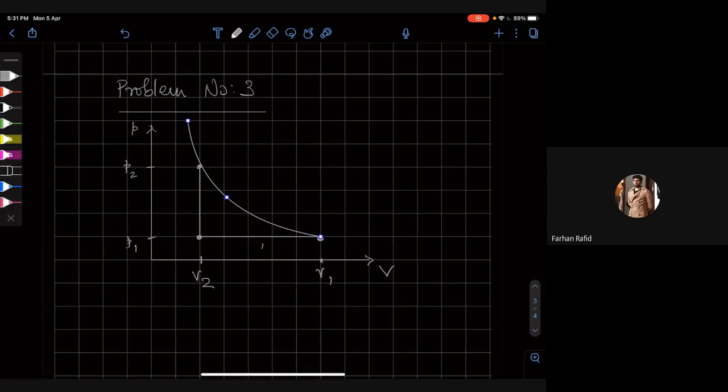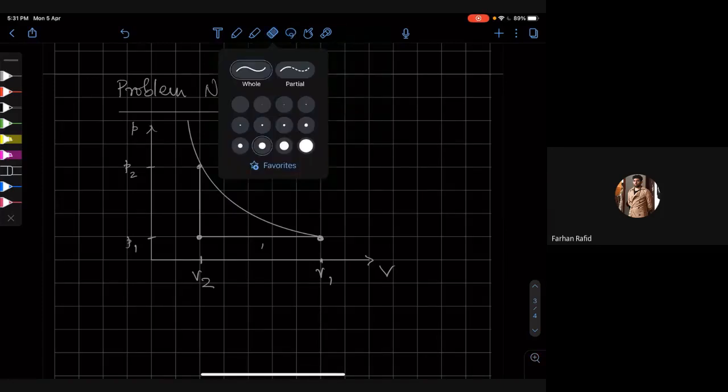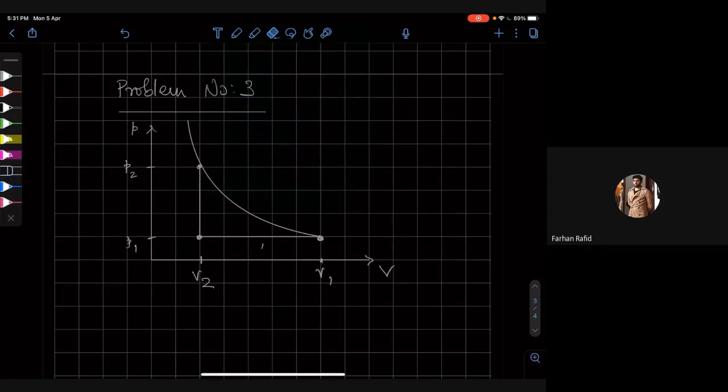Yeah, the second one would be isochoric or something, just like some Greek name or Latin name that we don't care about. Okay, so let me just erase some of that. Okay, and so this is phase number 2, and this is phase number 3.